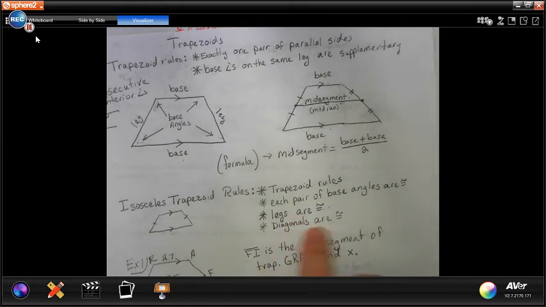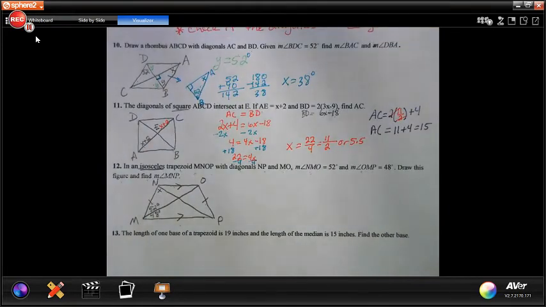Legs are congruent, diagonals are congruent, but each pair of base angles are congruent. So this angle here is equal to this angle here, because this is a base, and angles on the same base are congruent. So if this is 52 and 48, then this is 52 and 48, because base angles are equal.